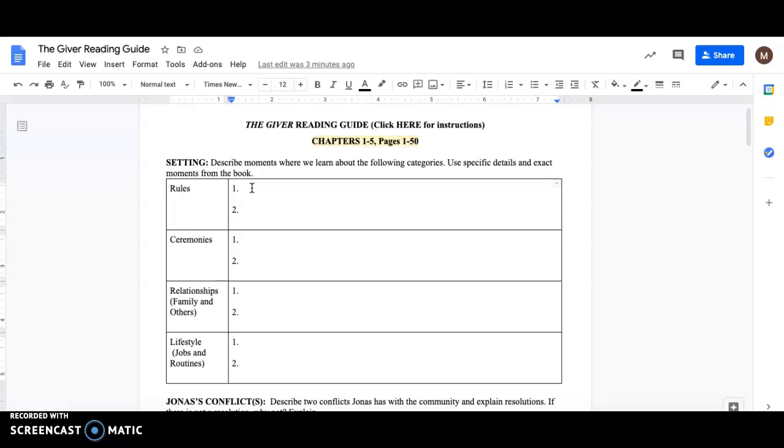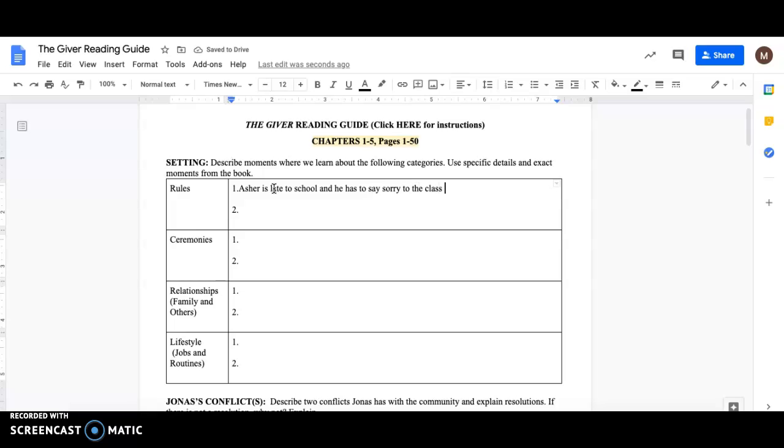So tell me about a time in pages 1 through 50 where we learn about a rule, or a character breaks a rule, or something happens that revolves around rules. So for example, maybe we could write about Asher. Asher is late to school and he has to say sorry to the class.